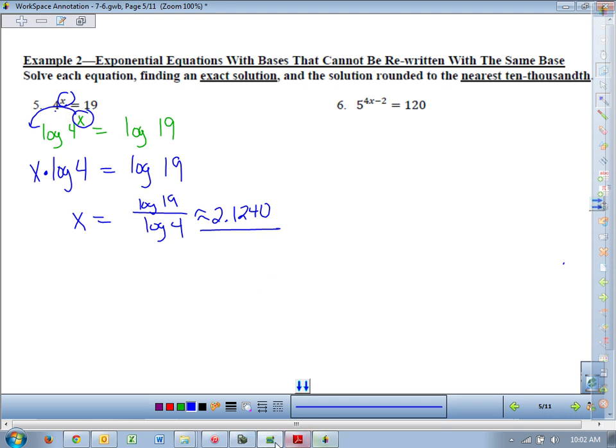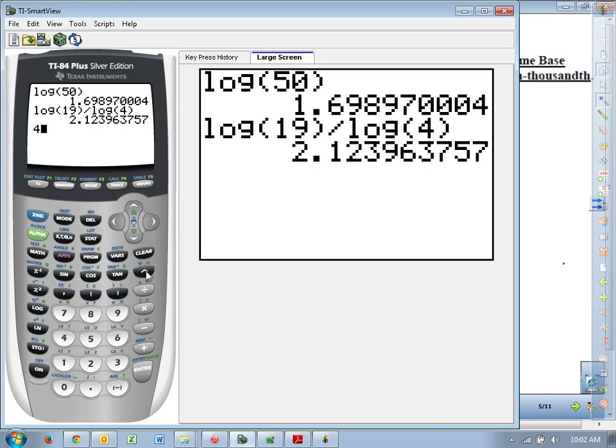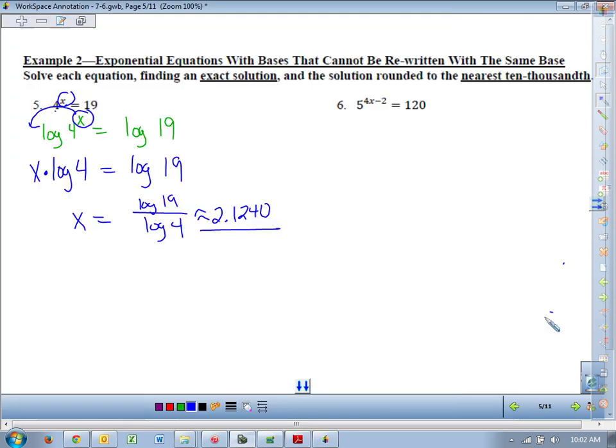That's all we got to check. Take 4 to the previous answer. How do you type in previous answer? Second ANS down here, right? You see, I just want to see if 4 to what we got, and just hit equals. What'd you get? 19. Did we do it right? Yep, so then just tell me, check. I will trust that you checked it in your calculator. Does that make sense? It's checked.